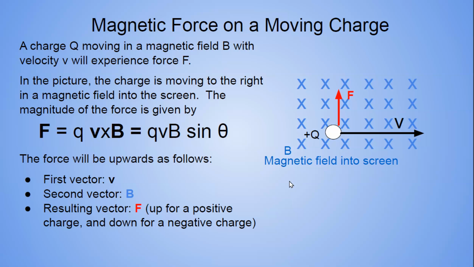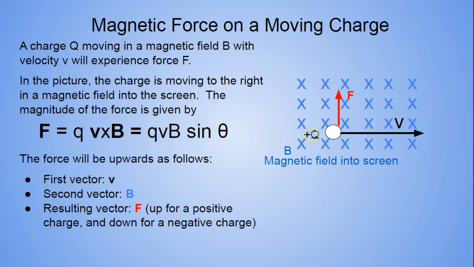So here's another right-hand rule. When I have a charged particle that is moving in a magnetic field, it will have a force on it. We know that moving charges generate magnetic fields. So right here, I'm showing this represents a charged particle.